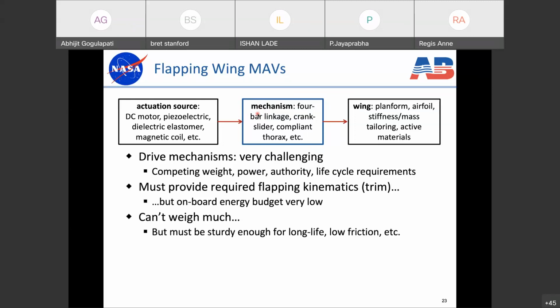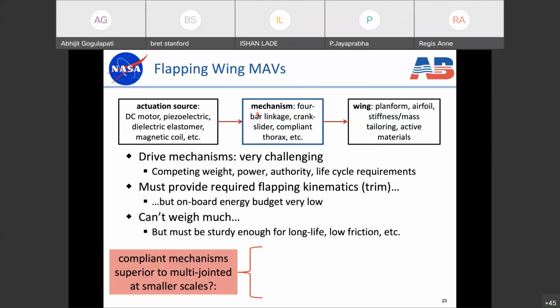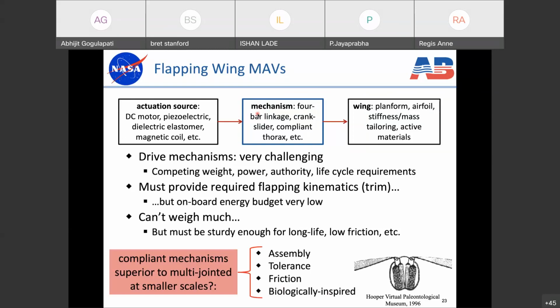Furthermore, they really can't weigh that much, but they have to be sturdy enough for long life and low friction and so on. So there's been some speculation in the literature for many years now that a compliant mechanism, a flexible compliant mechanism, may be superior to the multi-jointed mechanisms at smaller scales, and the reasons for that are listed here.